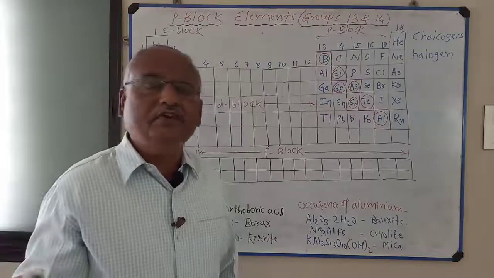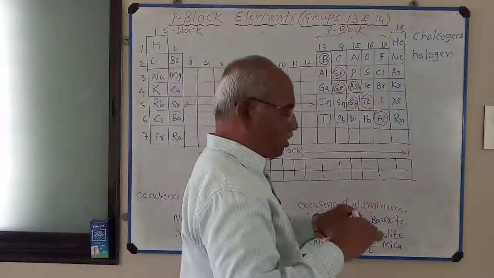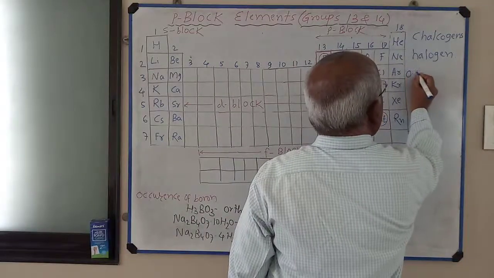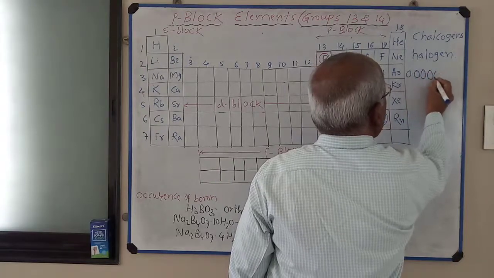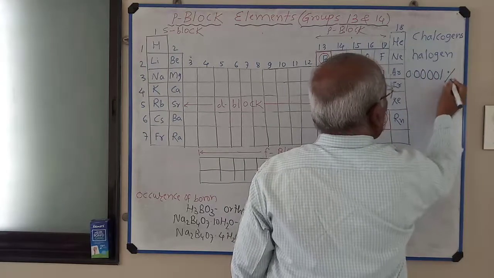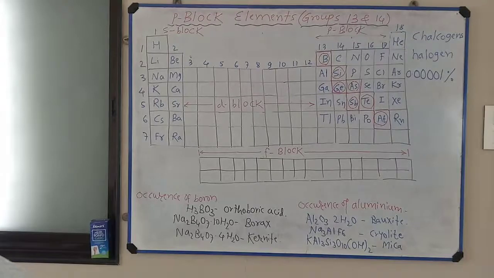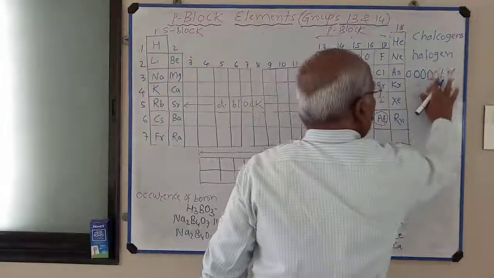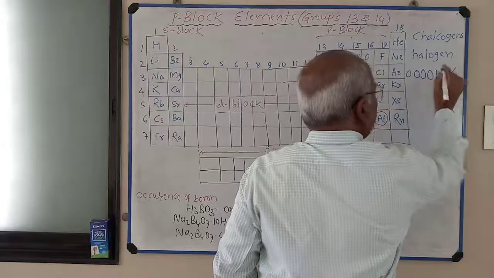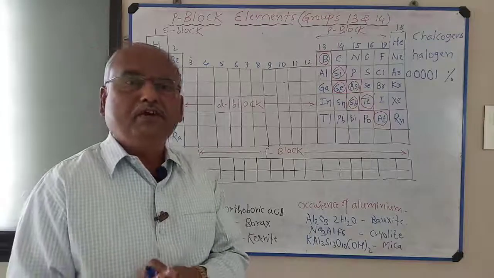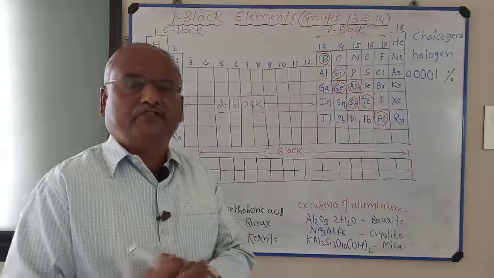Boron is less abundant element and it is present in about 0.0001%. You only remember boron is less abundant element present in the Earth's crust.